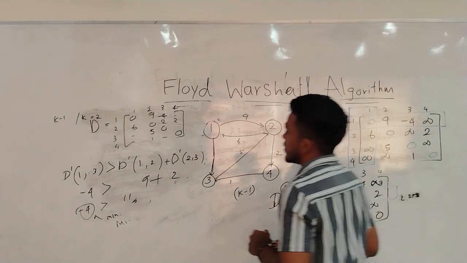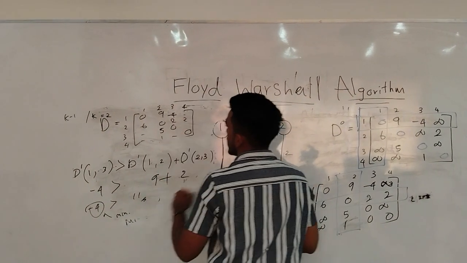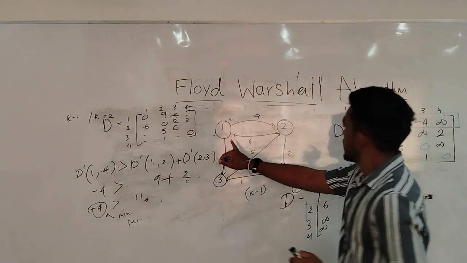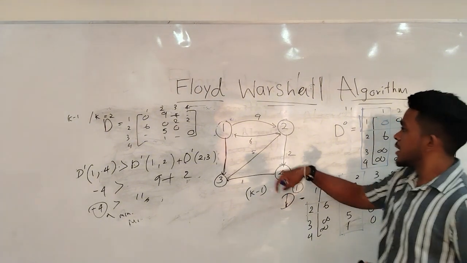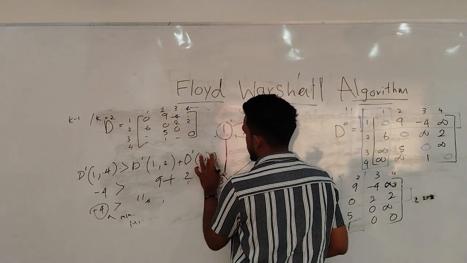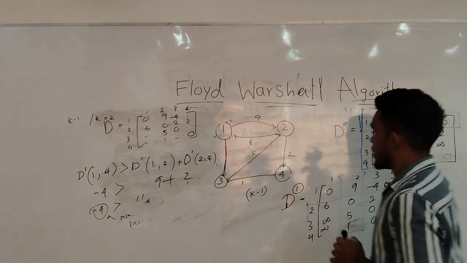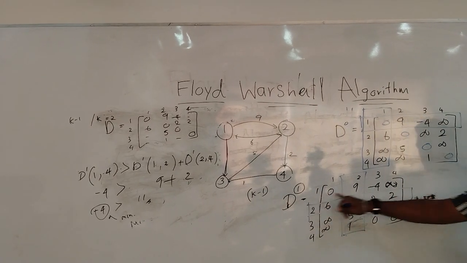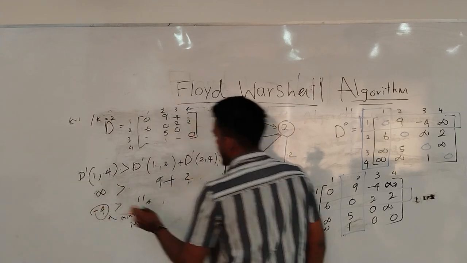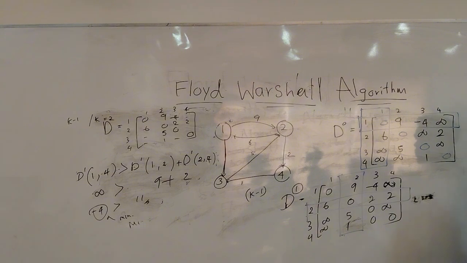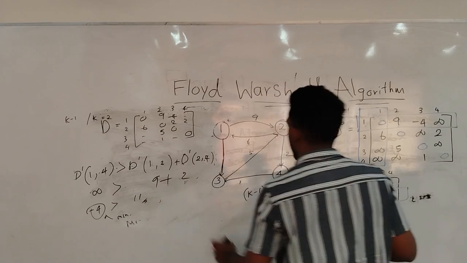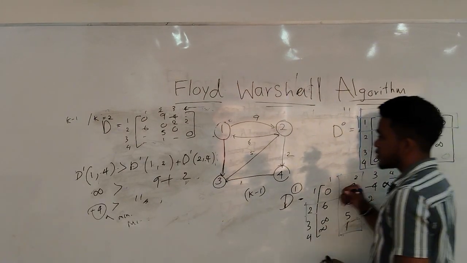Then in the same way, we can find 1 to 4. If you need to go 1 to 4, we can use 1 to 2, 2 to 4. So d1 1 to 4 is infinity, compared with d1 1 to 2 which is 9, and 2 to 4 which is 2, giving 11.